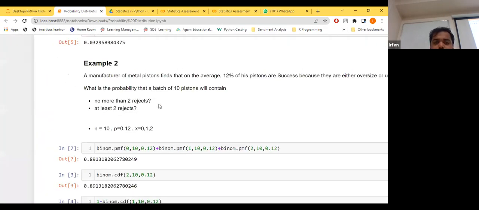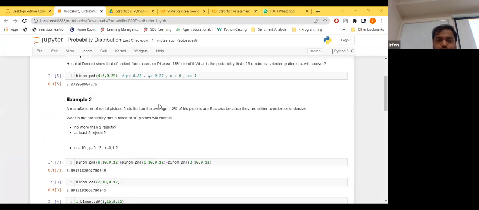One second. Let me first open the full notes of stats. Anyone have my book which I had given you?